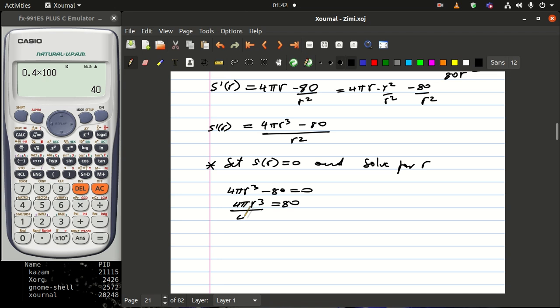And then I divide by 4 pi on this side, divide by 4 pi that side, and then of course this will cancel with that, and then we'll have r cubed is equal to, how many 4s out of 80? We have 20, and then how many 4s out of 4 pi, there's 1, so you have a pi, and then you will end up having your r equal to the cube root of 20 over pi.